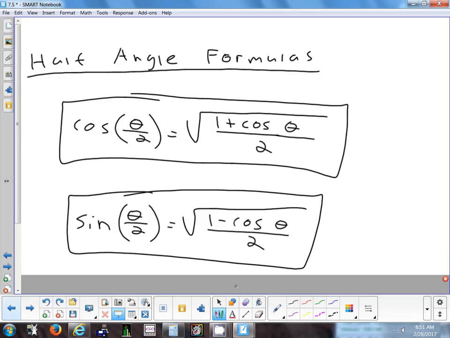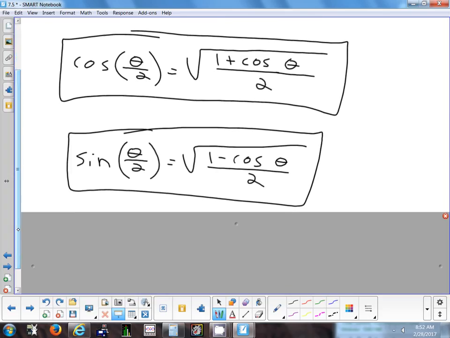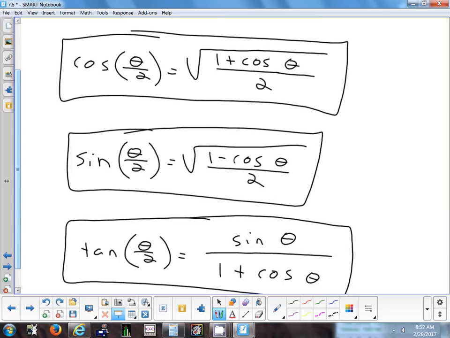Okay, there's your half-angle formula for sine. It looks pretty similar. And the half-angle formula for tangent.